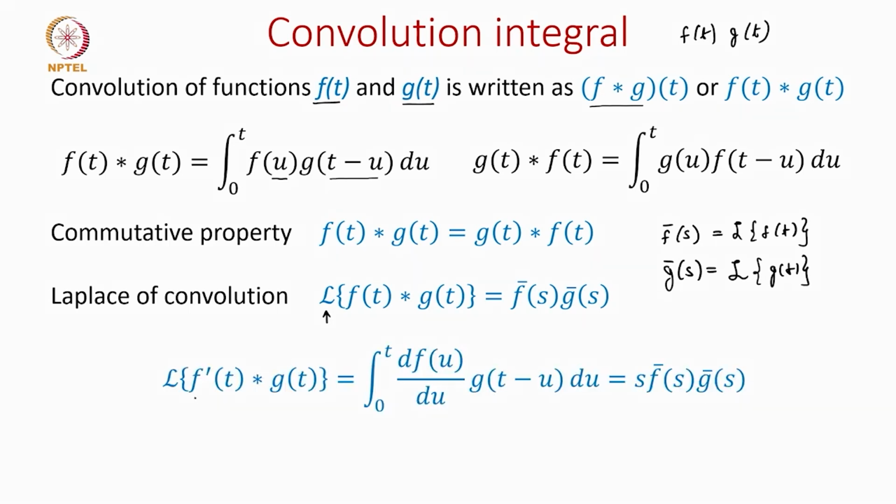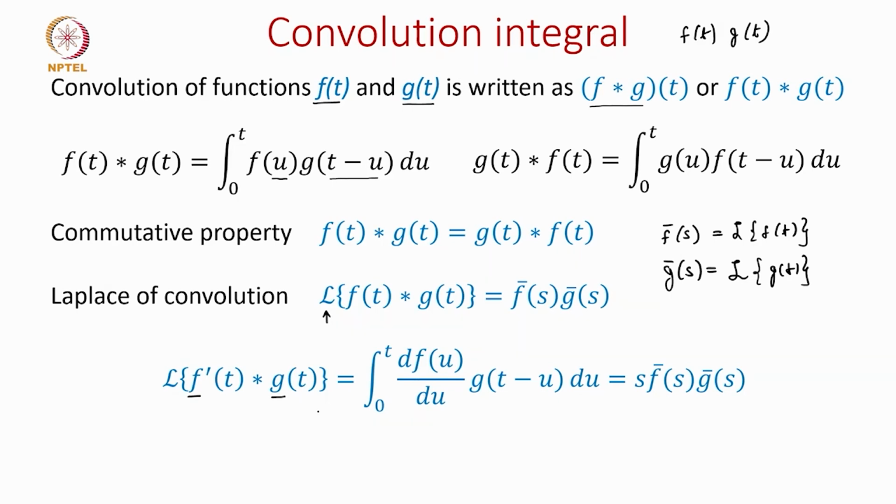Here we see it is a Laplace transform of the first derivative of the function f convolved with function g. Here again we can use the same definition of the convolution integral, where we just replace f of u with df by du, because we are talking about the first derivative of the function f. So f dash we replace with df by du.